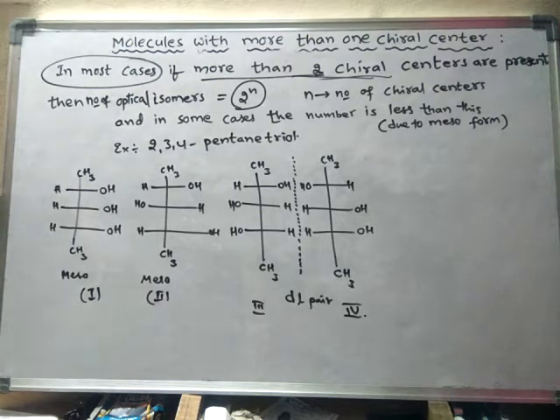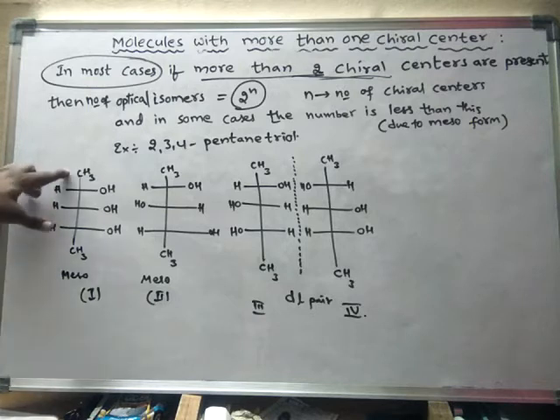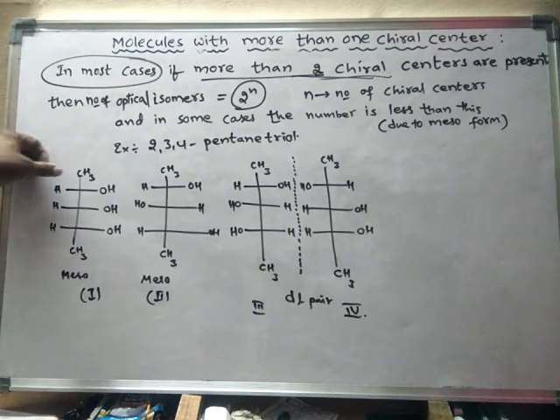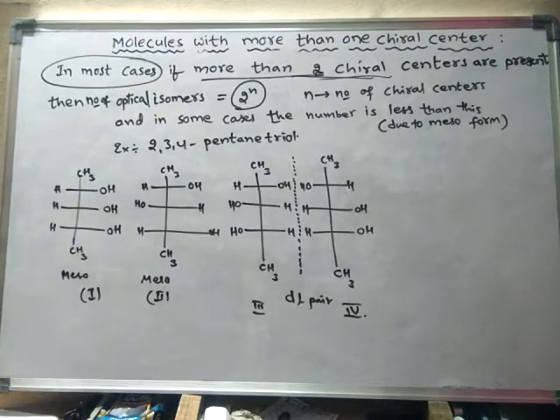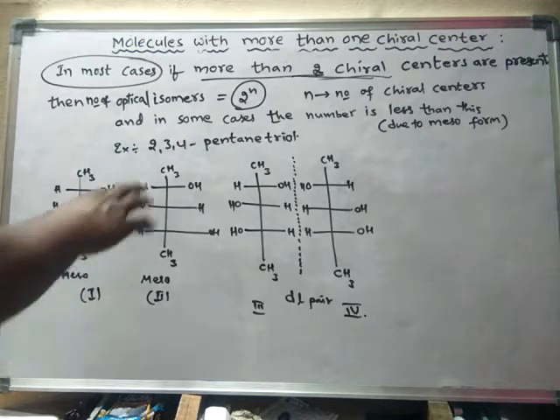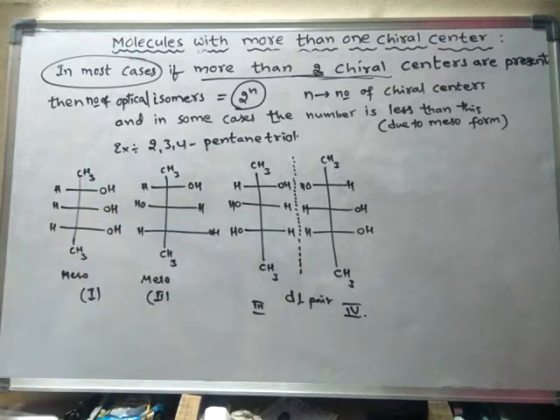Remember that in the Fischer projection the numbering will always be from top to bottom. The carbon present vertically on top always gets the number 1 position. Now this compound has 4 isomers: 1, 2, 3, 4.